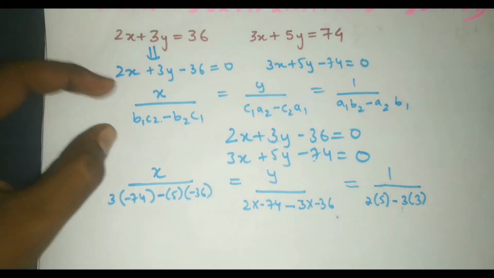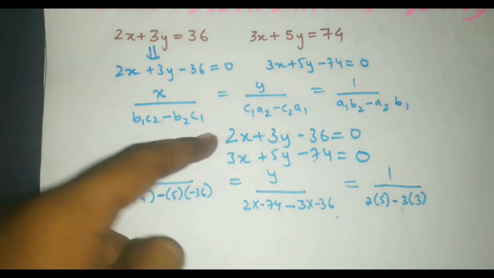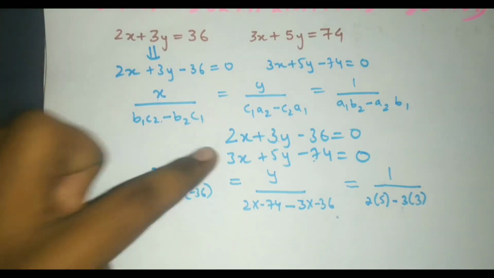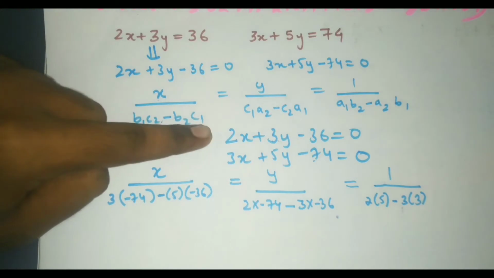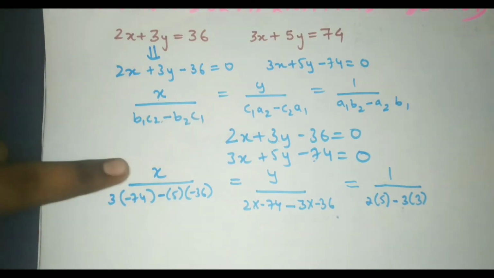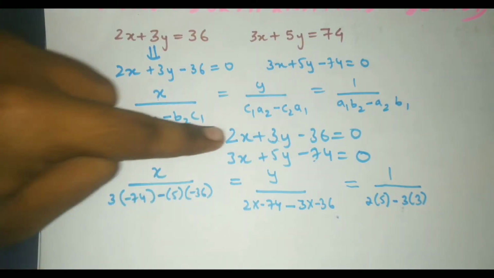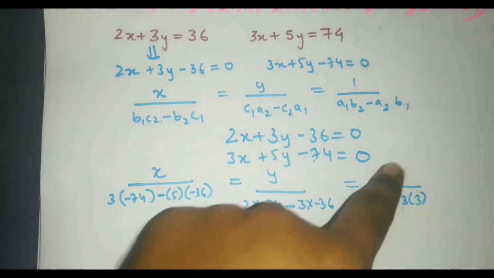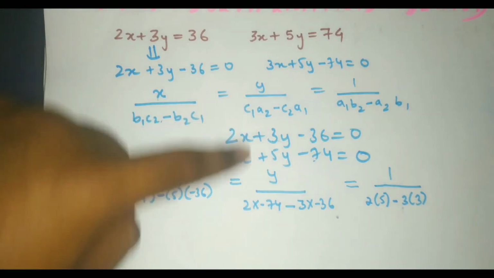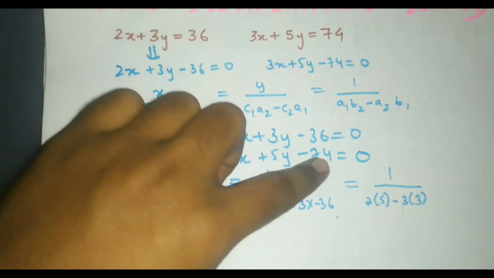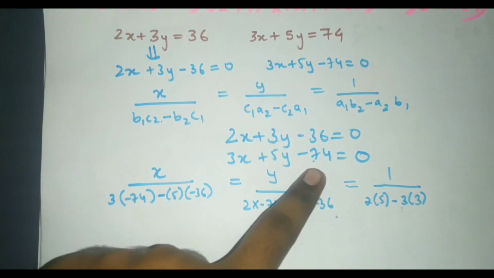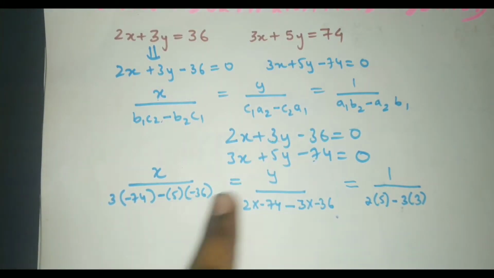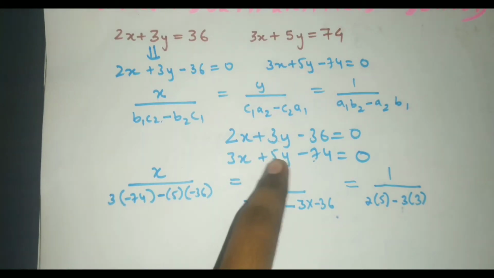No need to learn this formula by heart; just write it in a vertical way. Write the first equation on top and the second equation below, and always start with the first equation. If x by comes, leave the x values and see the other two terms, the y coefficient and the constant: 3 into minus 74 minus 5 into minus 36. Remember: x by, then equal to y by, then equal to 1 by.